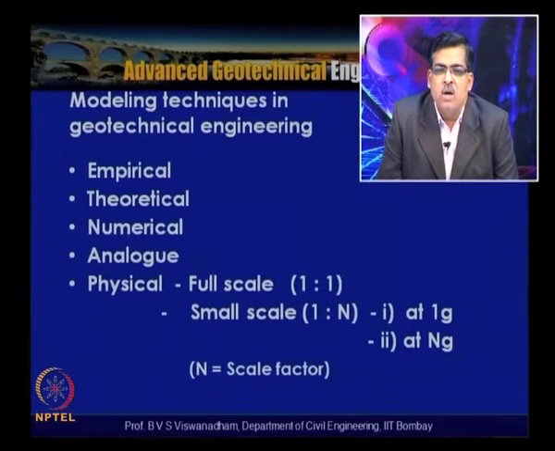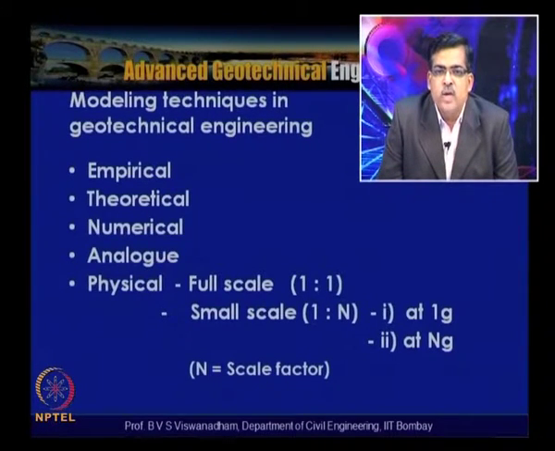And traditionally we have analog models, which are very popular. To state an example, the spring analogy model adopted by Terzaghi for explaining the effective stress equation stands as an example. And lastly, a physical model, which is classified into three heads.